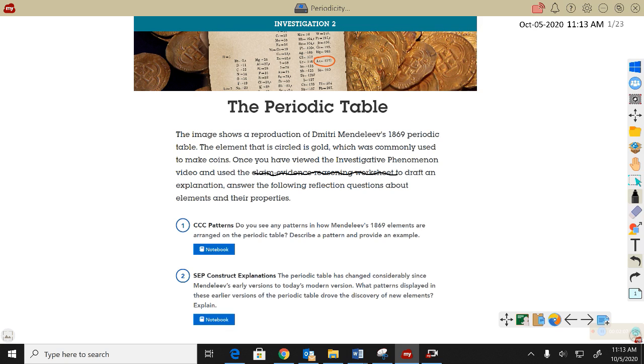Some of this is just what you're thinking about as you look at this old periodic table. It looks like he has elements in groups. There's a group with hydrogen and lithium. There's a group that goes from beryllium to sodium, magnesium downward, and so on. So he's grouped the elements.